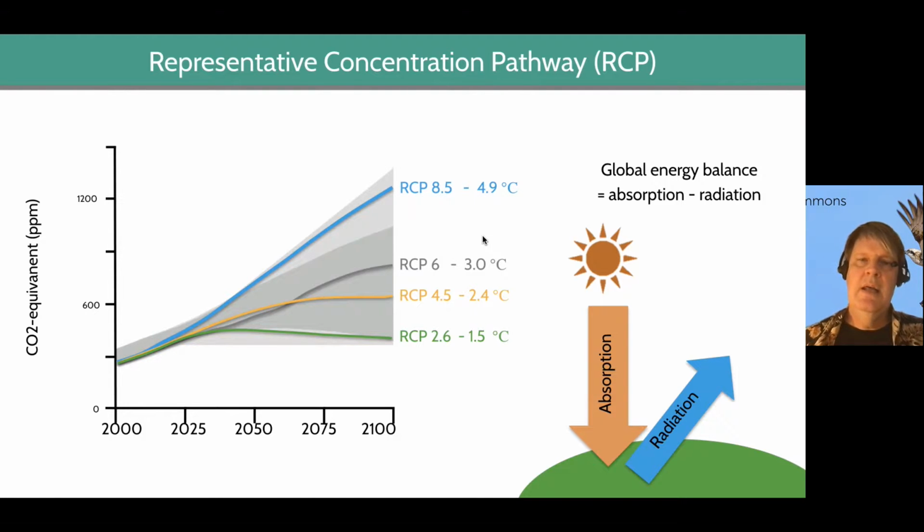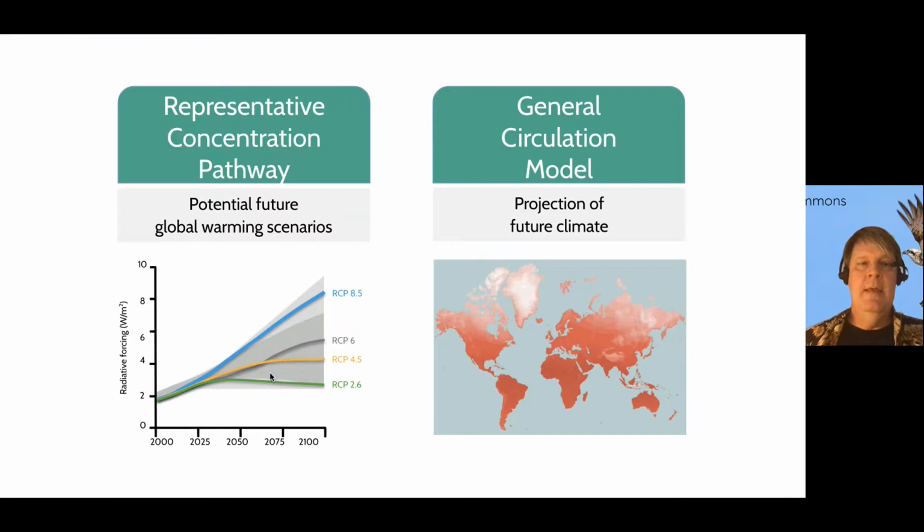We've got a climate model and sort of an emissions projection of how things might be. So we take that emissions projection and we use that climate model to generate a future projection of how warm different places are, how much warming there is going to be across the planet.